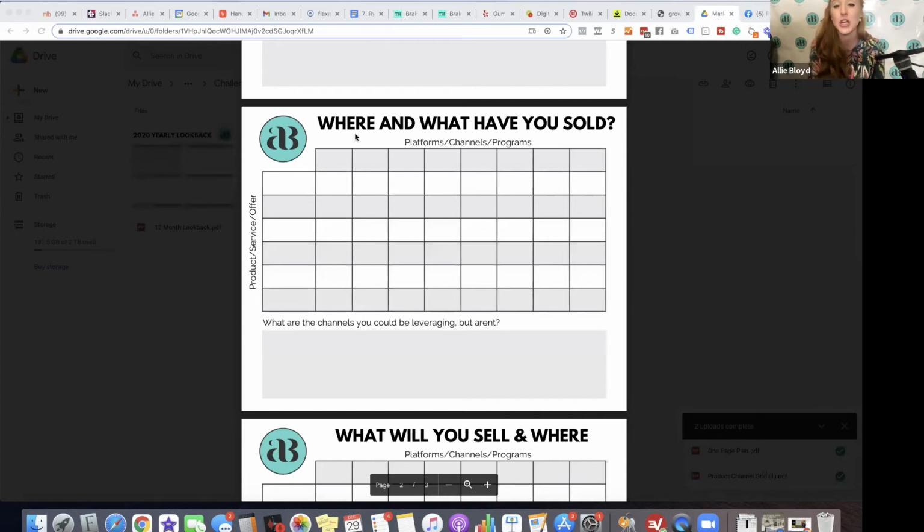Okay. So in terms of platforms, channels, programs, this top row, you're going to fill in what was the source of these sales. So one of them could be Facebook. One of them could be YouTube. One of them could be email.